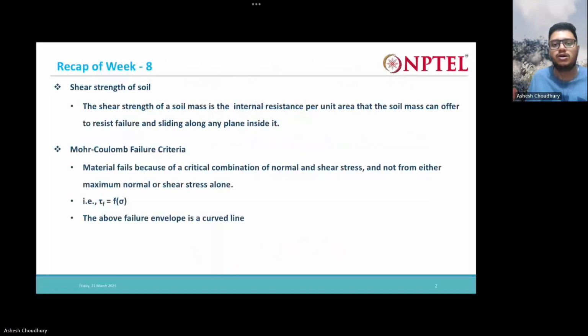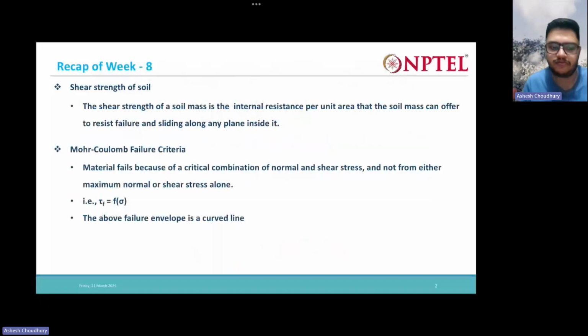Someone might think that maybe it fails when it has the maximum normal stress, or some other person might think that the soil fails at maximum shear stress, but this doesn't happen. It fails when there is a critical combination, some value of normal stress, some value of shear stress. Only in that case the soil fails.